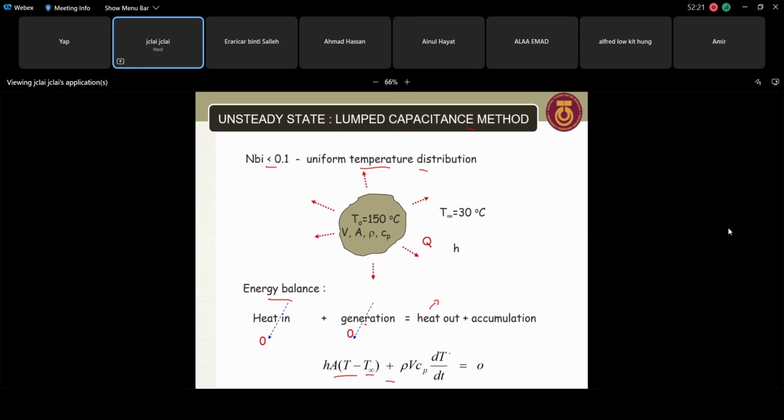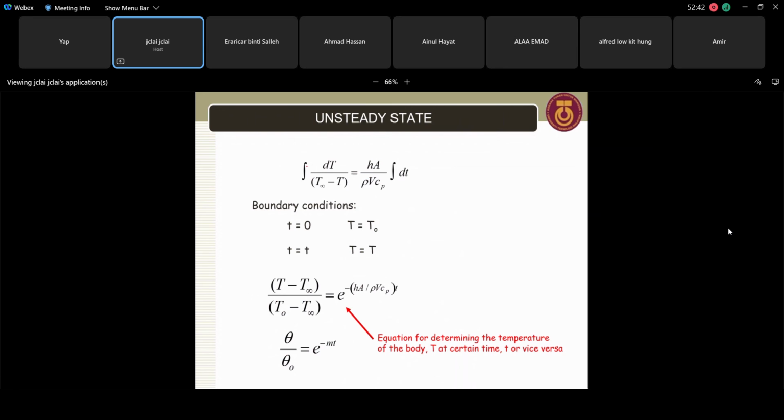convection. Okay. Then this part is actually mCp dT, if you can see that, because rho V equals m. So start from this basic equation, then we move on, then we integrate both sides over time. Okay, so the boundary condition is, at t equal to 0 seconds, the initial temperature.